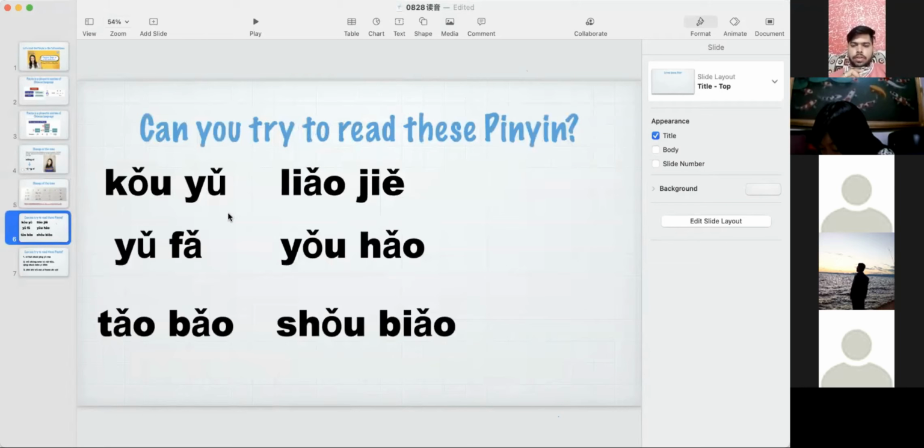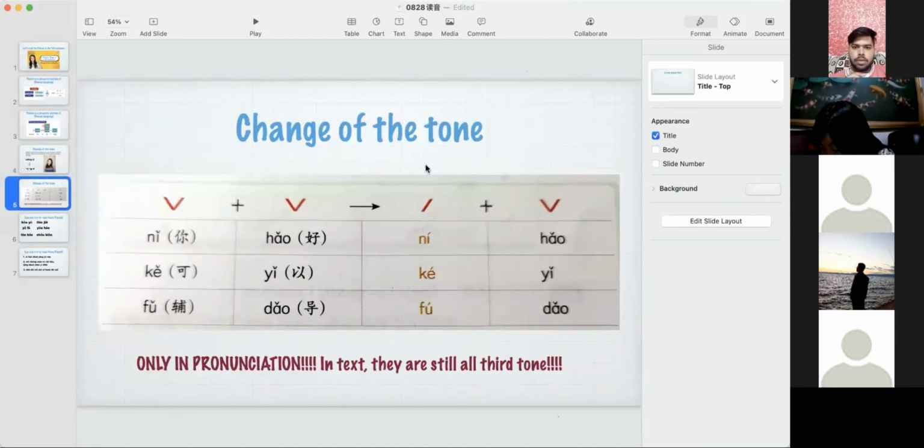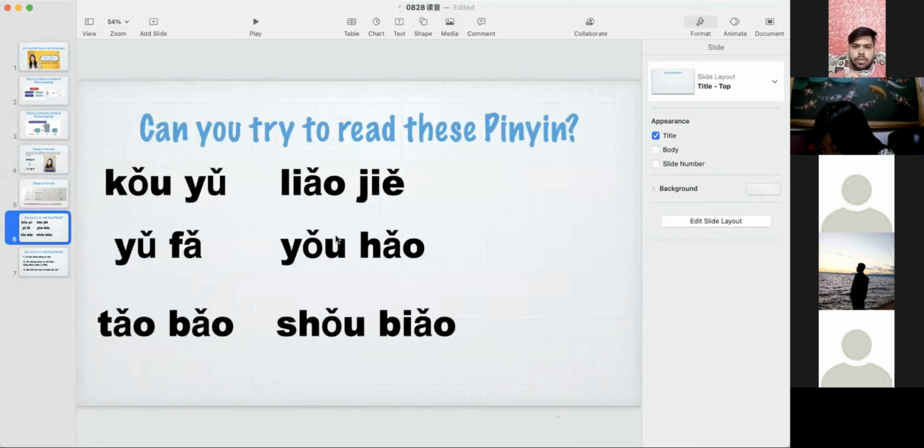This is a practice based on that change of the tone. Do you get it? Yeah, I got it, ma'am. Yes, you can just try it. Basically just change all the first pinyin into the second tone. Okay?